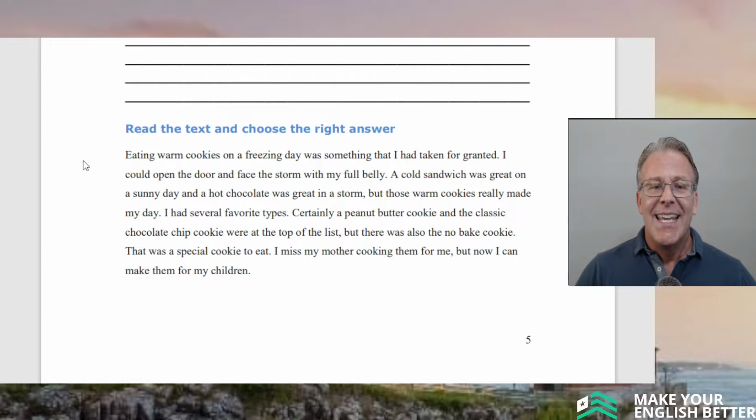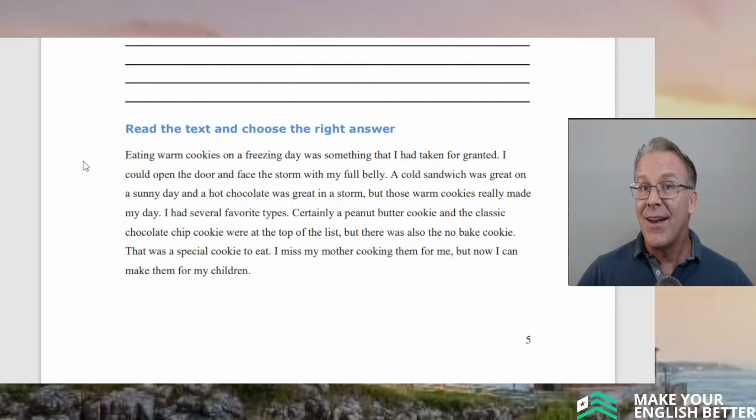Ready? Eating warm cookies on a freezing day was something that I had taken for granted. I could open the door and face the storm with my full belly. A cold sandwich was great on a sunny day, and a hot chocolate was great in a storm. But those warm cookies really made my day.